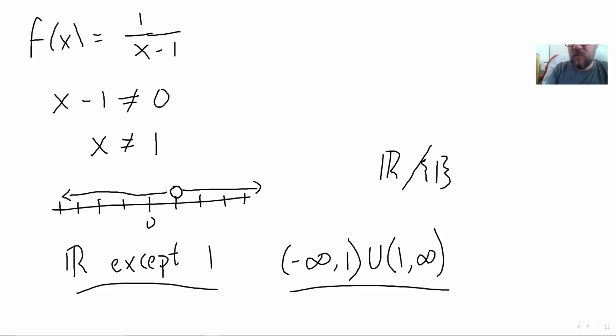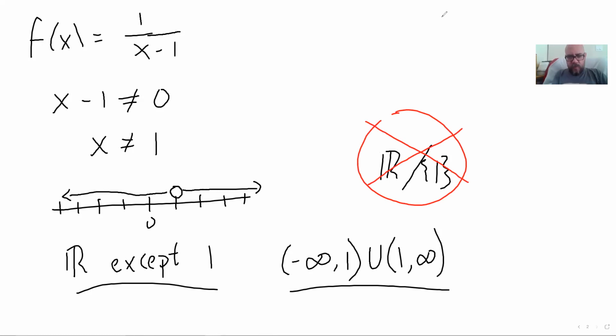I would prefer if you not do this. This is using notation that doesn't have any meaning for you guys. This mod notation means something significantly more advanced when you get to group theory, which is like a senior level math class. It's not wrong, this is correct.